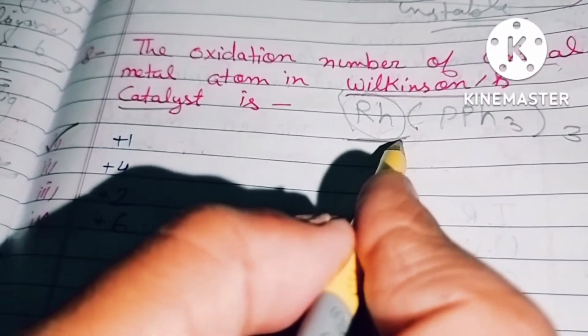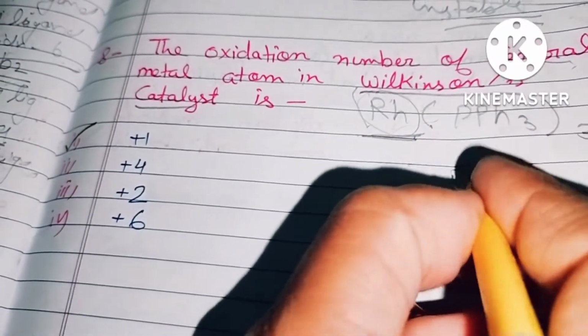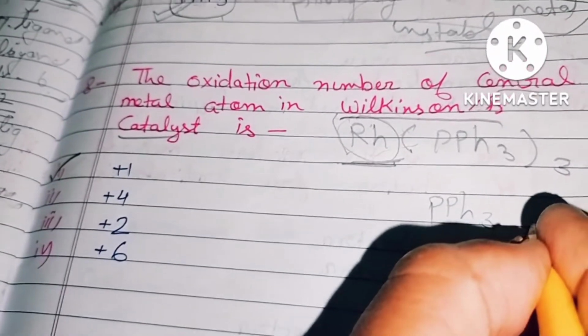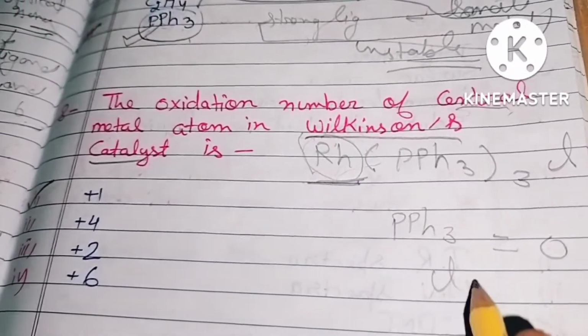We find the oxidation number of Rh. We know PPh3 has oxidation number 0 and chlorine is -1.